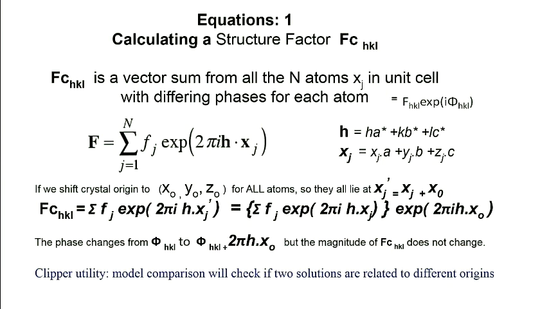And we will find, when we've calculated that structure factor, it will have a certain magnitude. That magnitude should match the magnitude of the structure we'd observed. Okay? If we shift all the atoms by x0, y0, z0 and calculate the structure factor again, we'll find that the magnitude is exactly the same and the phase has changed.